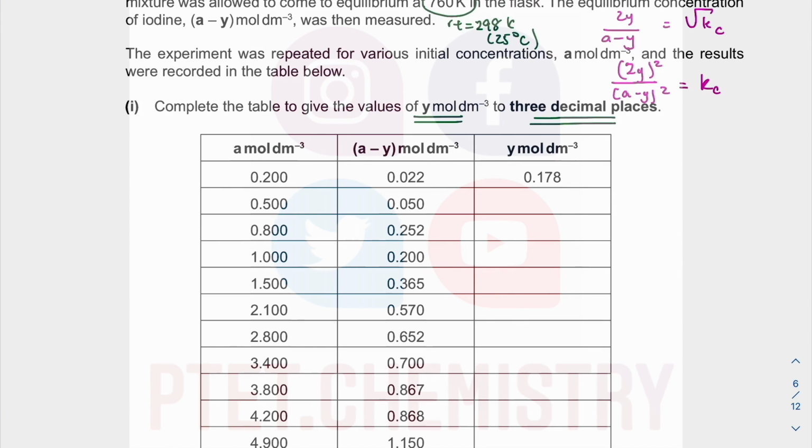If this is column A, column B, then column C is equal to A minus B, because you can try 0.200 minus 0.022, you're going to get 0.178. And you can also see A minus y, that is A minus A plus y, is equal to y. So to get y, you do this minus this, alright?